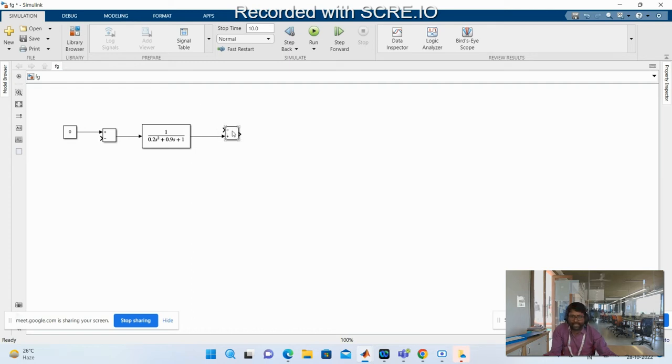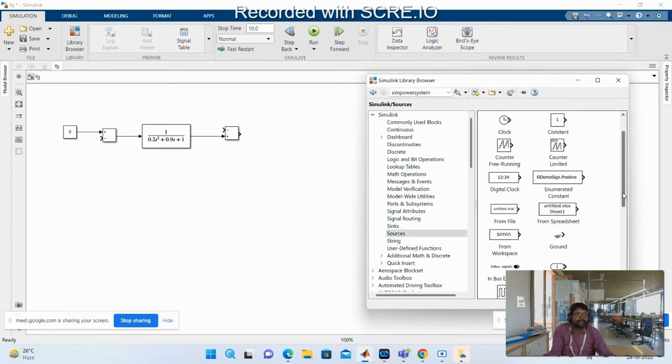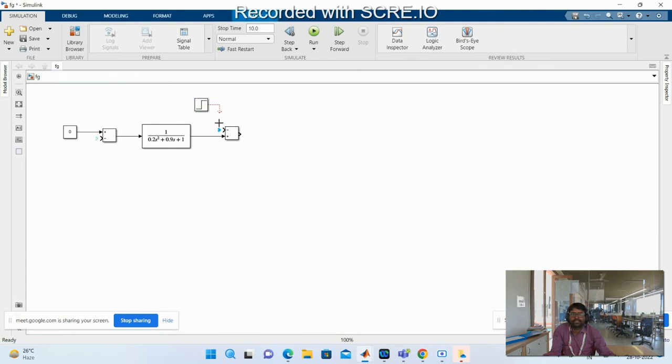Delta PD. So how do we represent delta PD in the simulation? Step function, sir. Step function? Perfect. Go to sources and click on the step function. Drag and drop here and connect this one. Now double click on the step function.